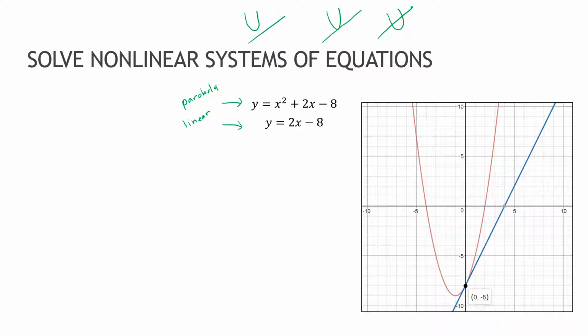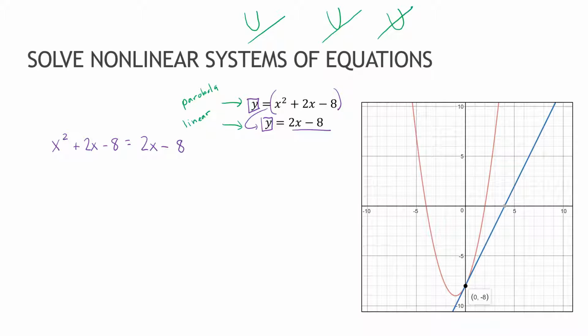So how am I going to solve this system? Well, in this particular system, if you'll notice, I have y equals and y equals. So I'm going to choose to use substitution. I can say, let's substitute all of this in for this y. So I'm going to have x squared plus 2x minus 8 equals 2x minus 8.